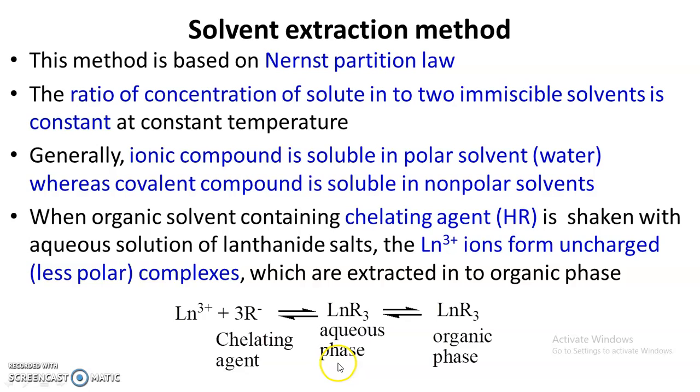Therefore, as soon as the chelate is formed, it enters the organic solvent, and the lanthanum ion gets automatically separated. So in short, the lanthanum salt is first mixed with the chelating agent, and a sufficient quantity of organic solvent is added. As soon as the chelate is formed, it is soluble in the organic phase, and therefore automatically separated from the aqueous phase.